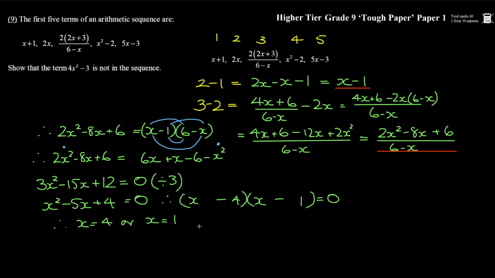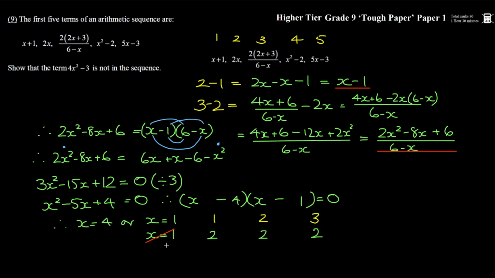We need to check these results, certainly for the first 3 terms, and see whether we do get an arithmetic sequence as promised. Let's try x is equal to 1 for the first 3 terms. If x is equal to 1, I get 2, and 2, 2. Which is not an arithmetic sequence, and I can reject x equals 1 as an answer.